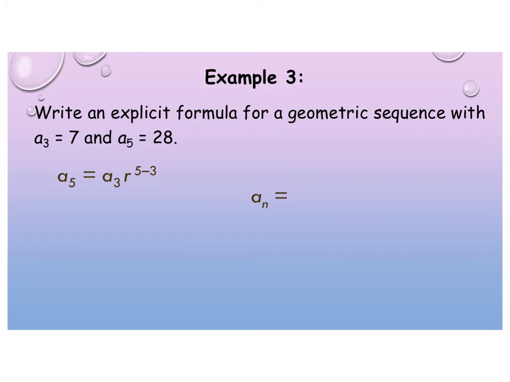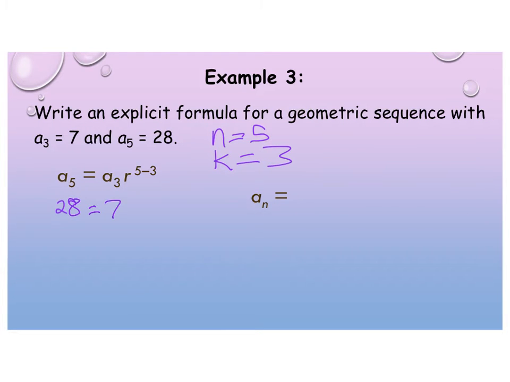So here they give us two formulas. So we plug this in. I've plugged in n and k here. N being 5 and k being 3. This gives us a sub 5 is 28. Okay, so a sub 5 is 28.